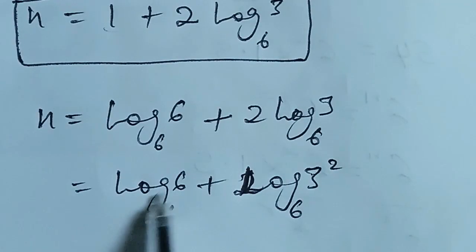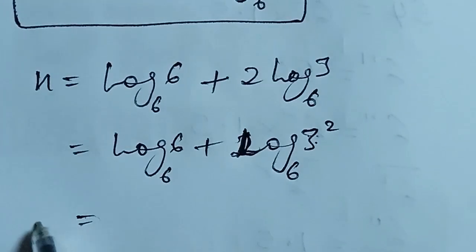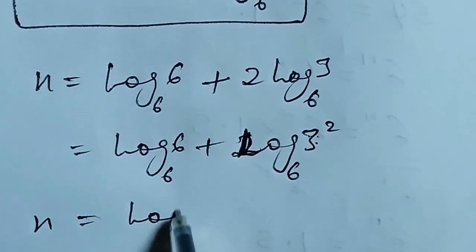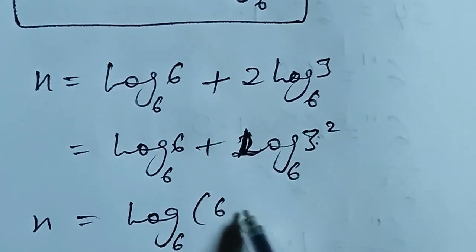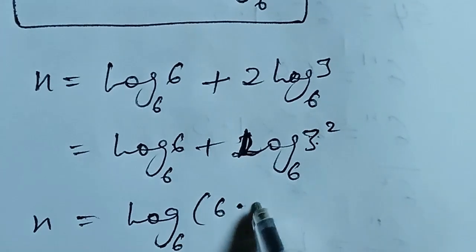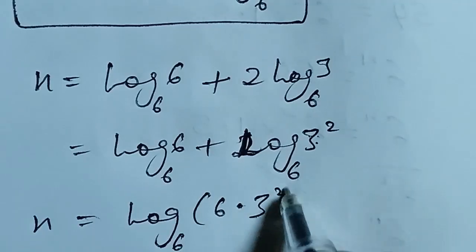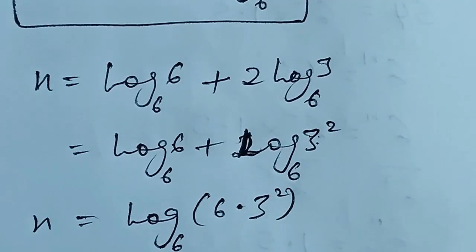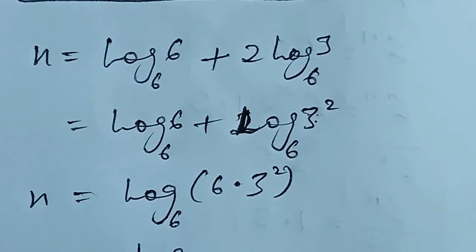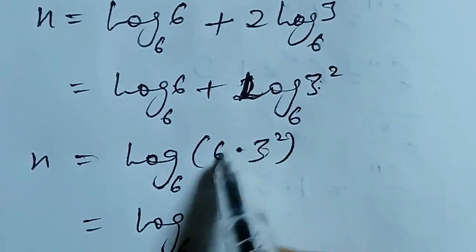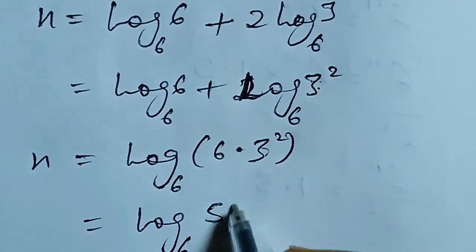Now here we can combine these two together as n equal to log base 6 into bracket 6 multiplied by 3 to the power of 2, and this is equal to n, which is equal to log base 6. If we multiply, this will give us 54.